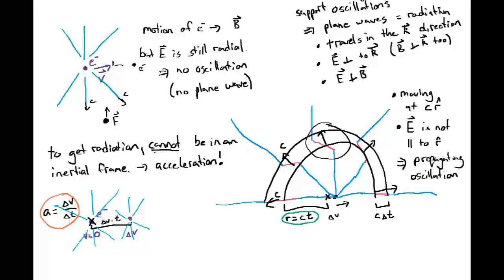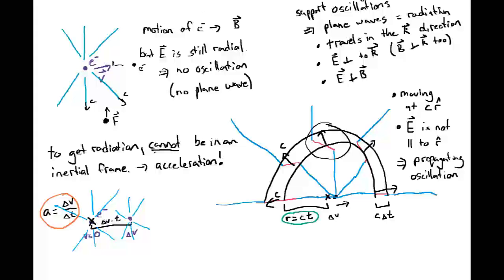This disturbance, as we said, is propagating outward radially from the old location of the electron at the speed of light. So now we have something that is moving in the radial direction, r hat, at speed c. And we can also see that within this shell, the electric field is not perfectly parallel to that radial direction. It has a slope here, which means that some component of this electric field must be perpendicular to the radial direction.